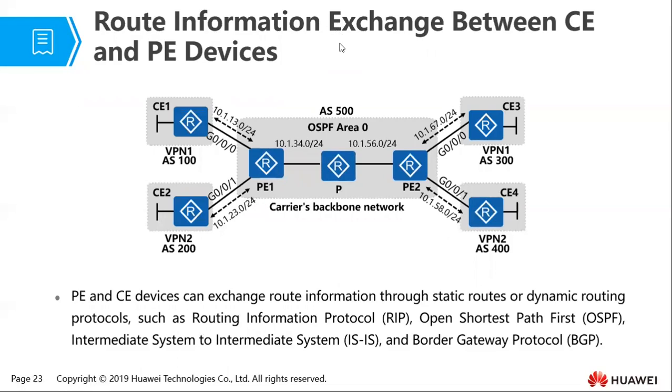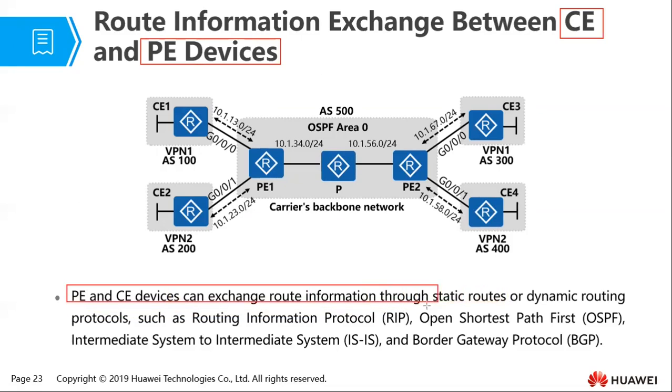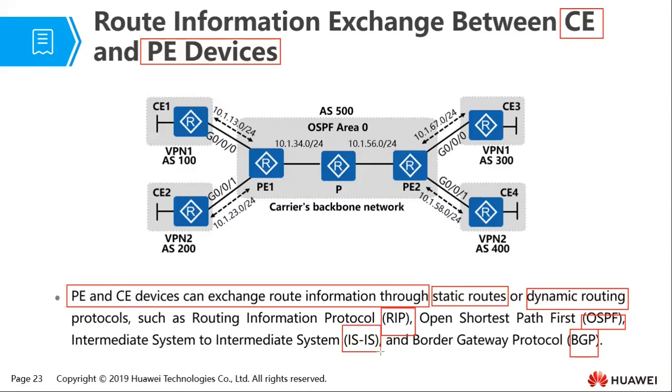So let's see the first phase. The first phase, as we said, is the exchange of routes between the CE and the PE devices. PE and CE devices can exchange route information through any of these methods. You can configure static routes between CE and PE, or you can configure a dynamic routing protocol like RIP or OSPF or BGP or ISIS, whichever you want.